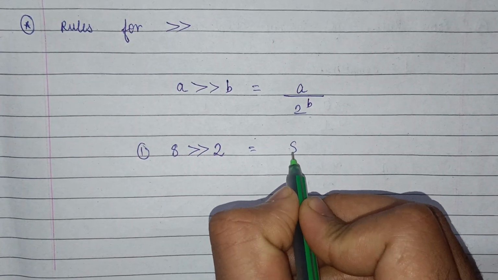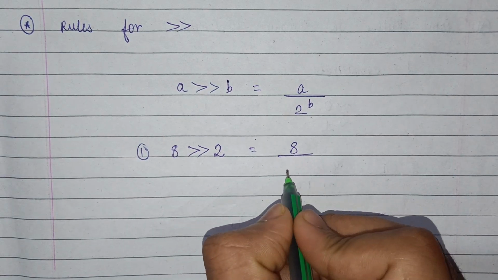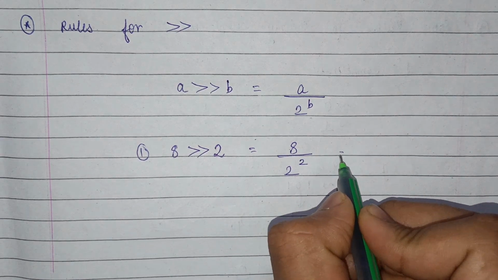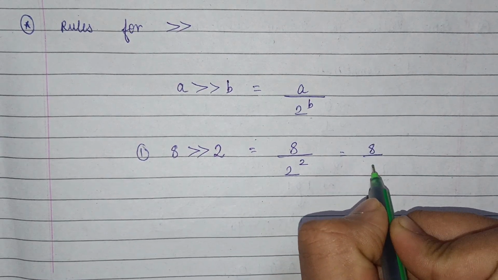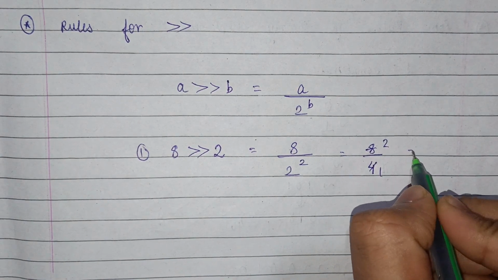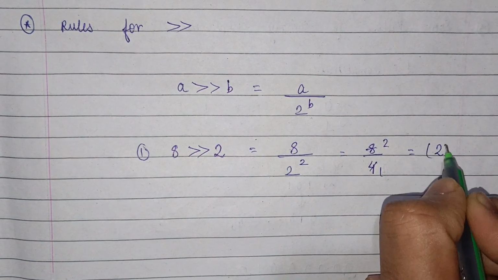Here, 8 divided by 2 raised to 2, which is 8 upon 4, and the answer we get is 2 in decimal.